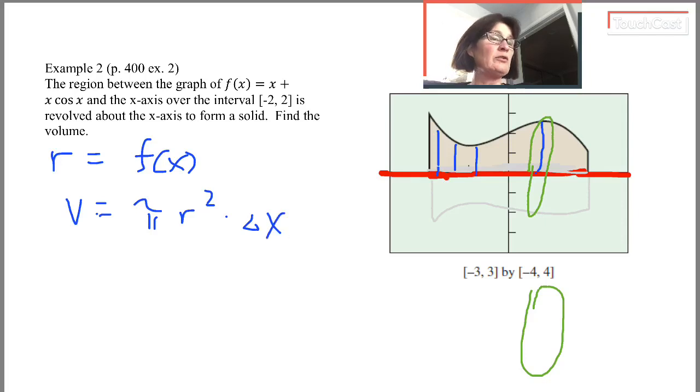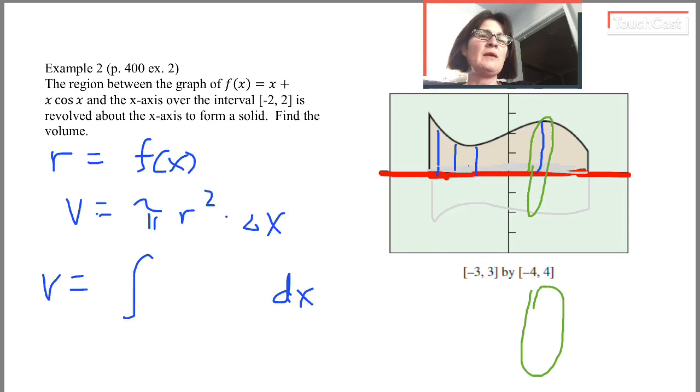When we put it in an integral, where we're imagining we're going to take infinitely many slices, that's going to become dx. So my volume is going to be the sum of infinitely many, infinitely thin cylinders whose thickness is dx, and each has the volume pi times r squared times the thickness. Now, I'm showing lots and lots of steps just so you see where these expressions come from.